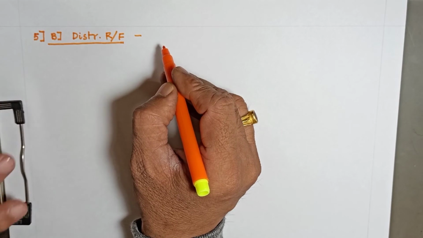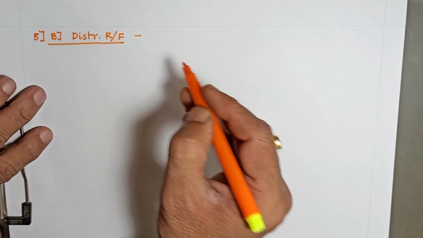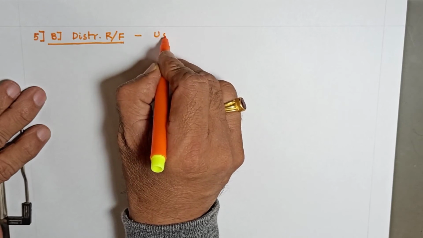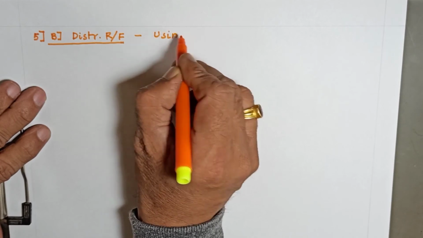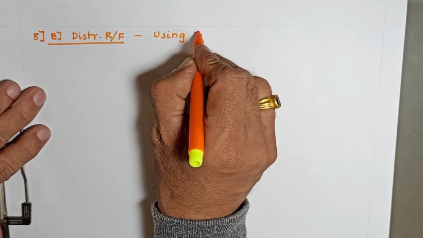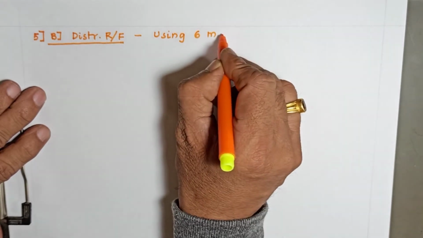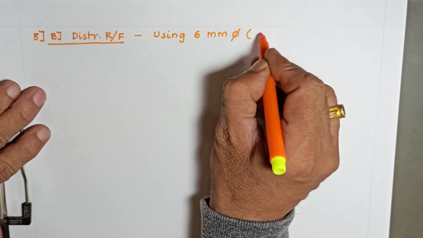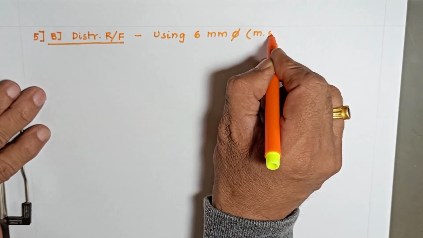Previously I have shown you the distribution reinforcement. So I will say that using 6 mm phi bars. What do you mean by phi? Mild steel bars.